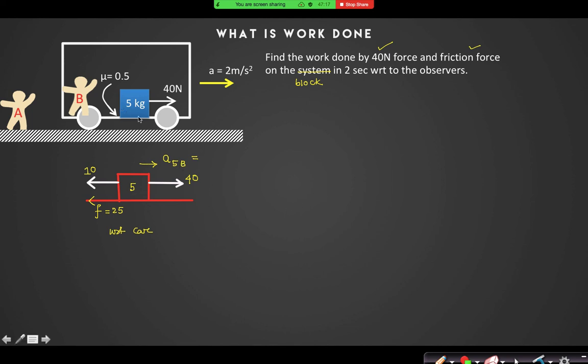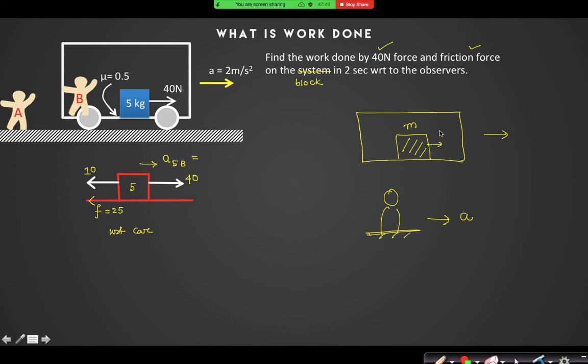What is pseudo force? For example, suppose this car is moving with acceleration and a person is moving outside the car with an acceleration A. If I want to draw the free body diagram of this block with respect to that observer, what will be the forces I will draw?